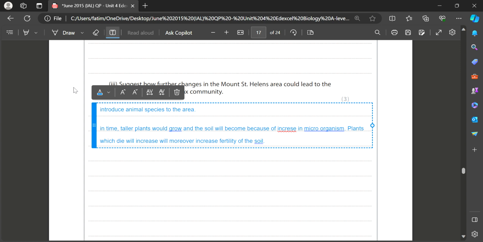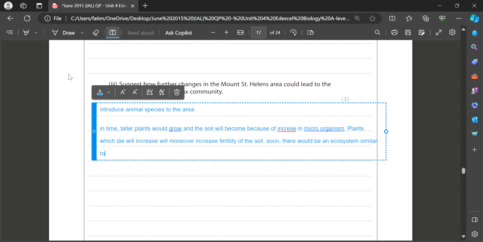And yeah, soon there will be an ecosystem similar to what was before the eruption.